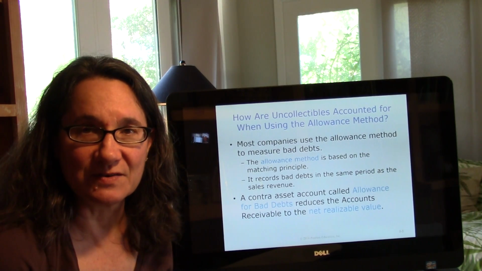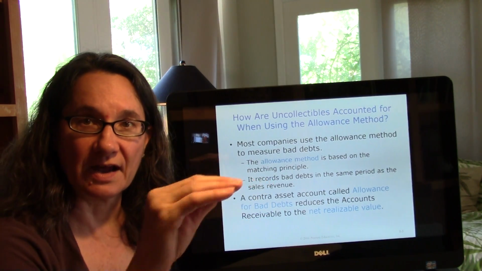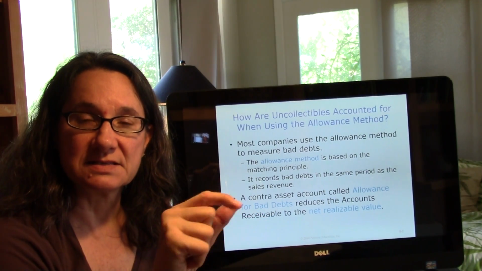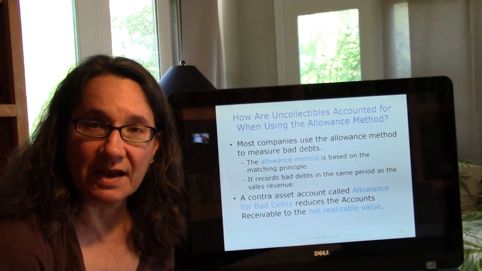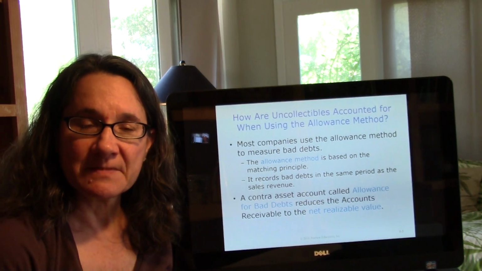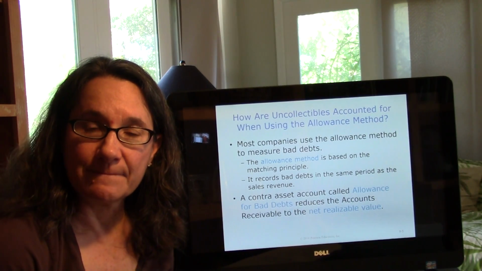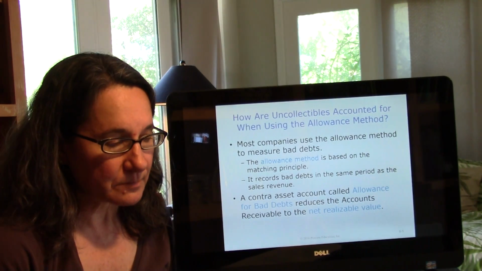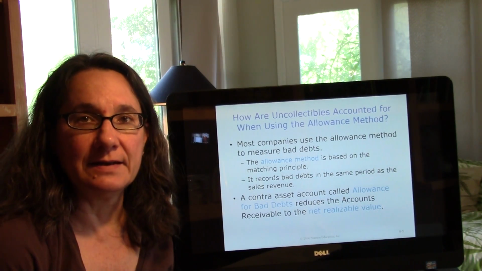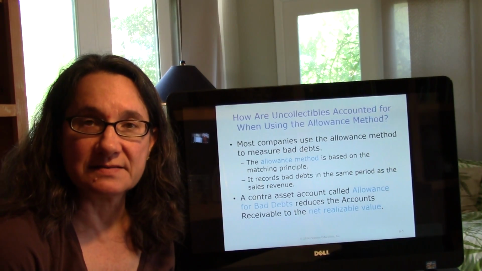That word net we've been using all along means you're going to subtract something out. So we're going to take accounts receivable minus allowance for doubtful accounts, or allowance for bad debts, we'll call it in this book, allowance for bad debts. And then we'll get our net realizable receivables, and we'll put that on the balance sheet.